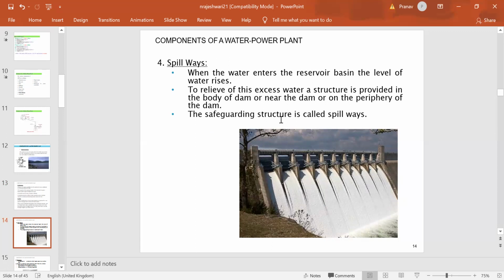This safeguarding structure is called a spillway. So if water entering the reservoir basin makes the water level rise, a structure provided in the body of the dam, near the dam, or on the periphery of the dam to relieve the excess water is called a spillway.